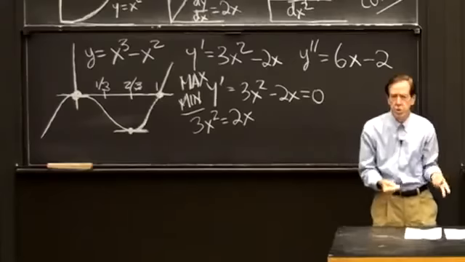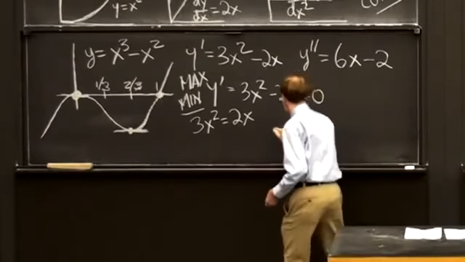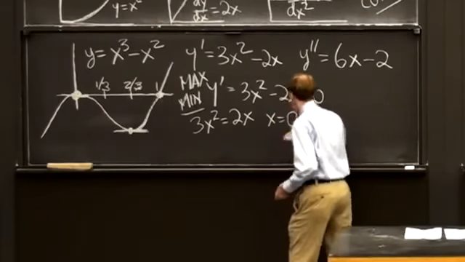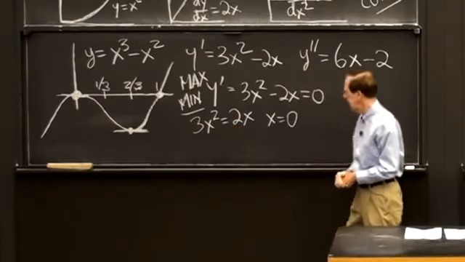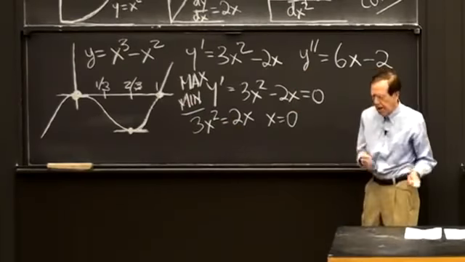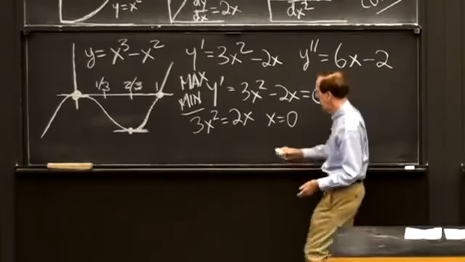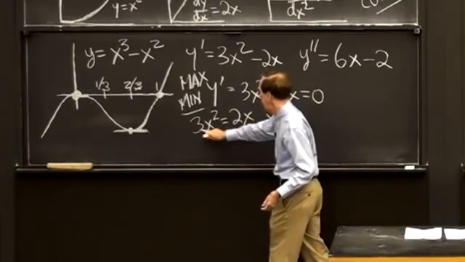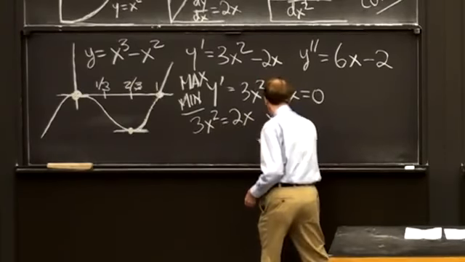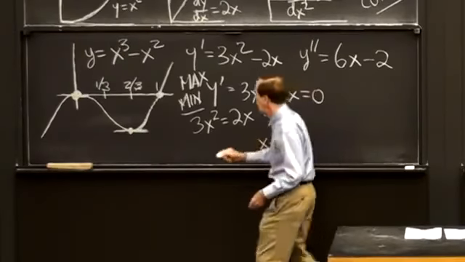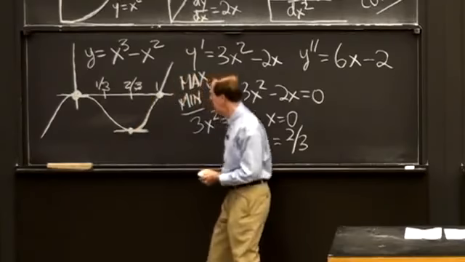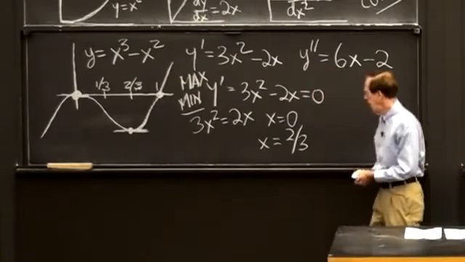I expect to find two roots. One of them is x equals 0, and the other one is what? If I cancel those x's to find a non-zero root, canceling those x's leaves me with 3x equal 2, or x equal 2/3. Yeah, and that's what our graph shows. Okay.